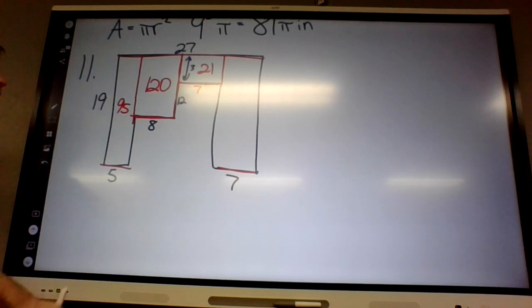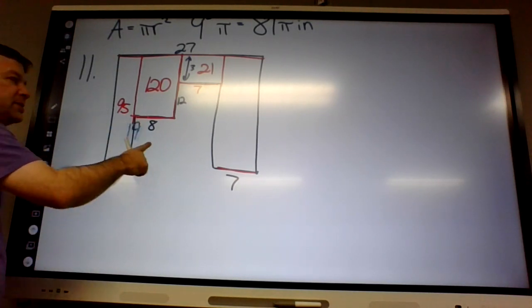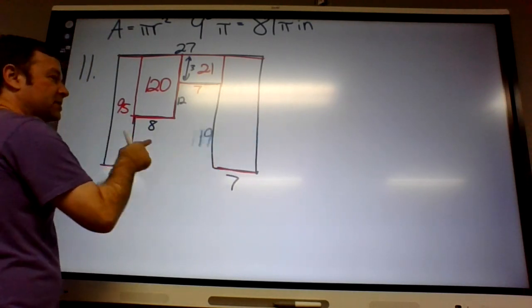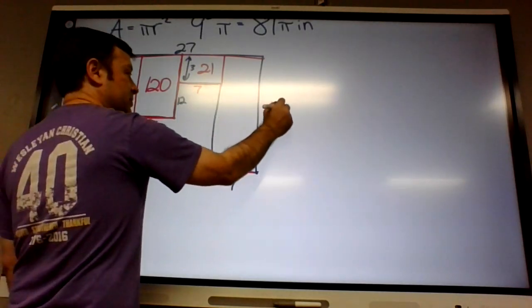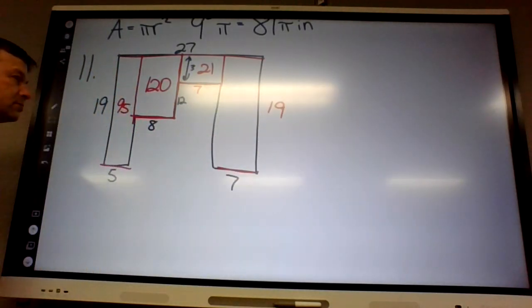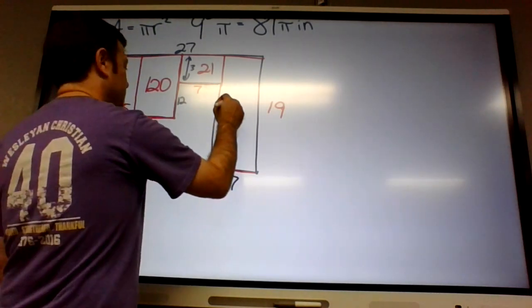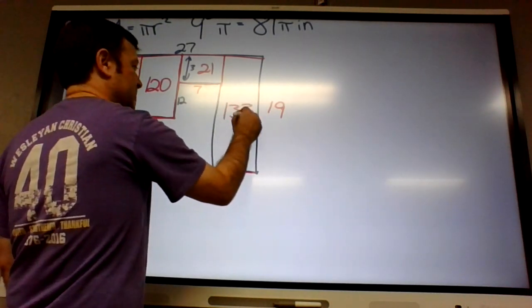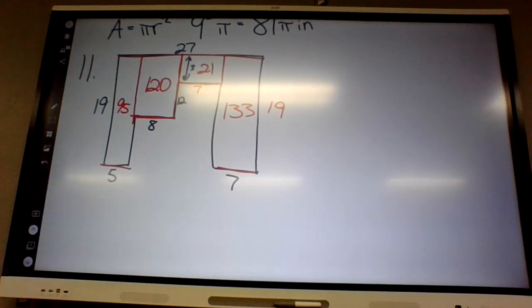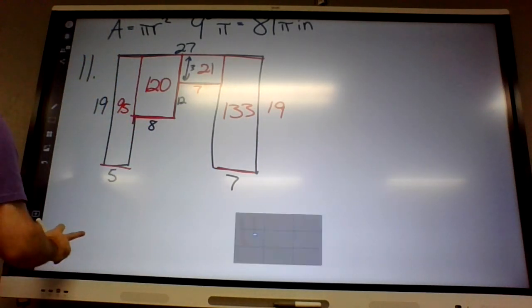And then I think they try to make it so that these two were the same length. So this is a 19 over here as well. So 19 times 7. What's that? 133? Is that right? Okay, and then you add all 4 areas together to get the total.